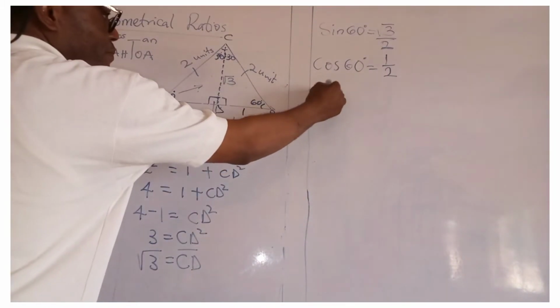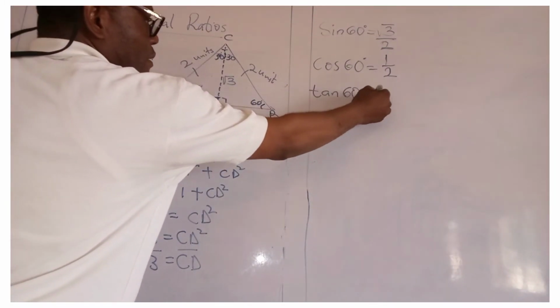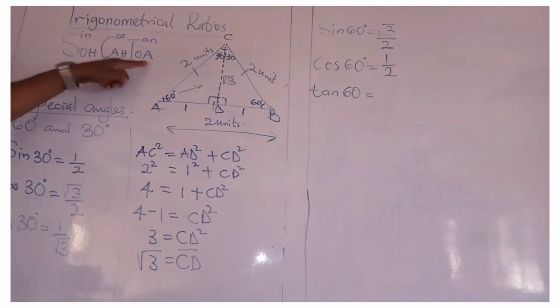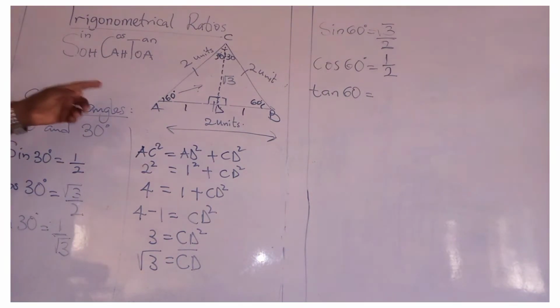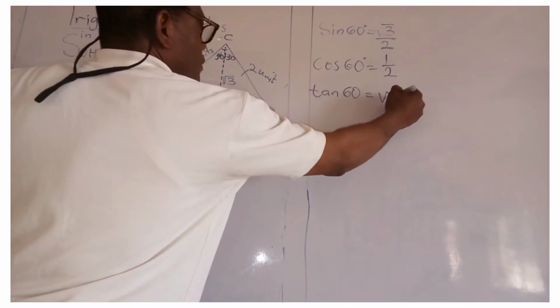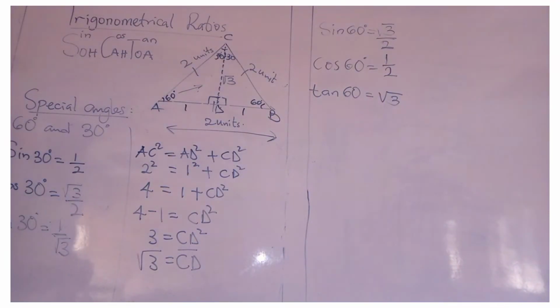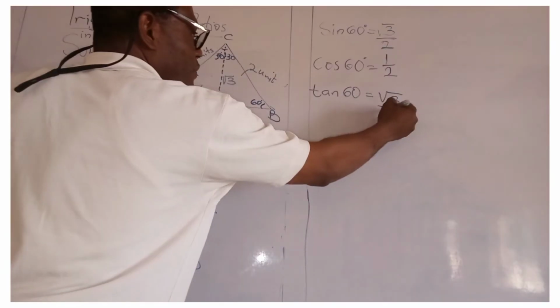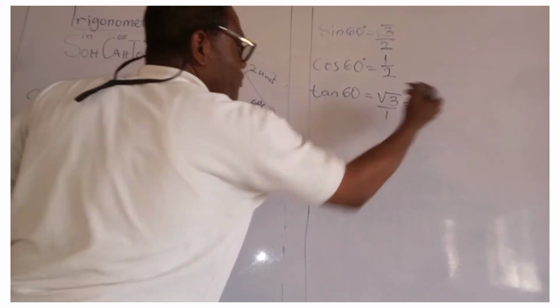Now tan 60. Tan is opposite over adjacent, and so our opposite is square root of 3, then the adjacent is 1. So 1 divided by 1, we have square root of 3.